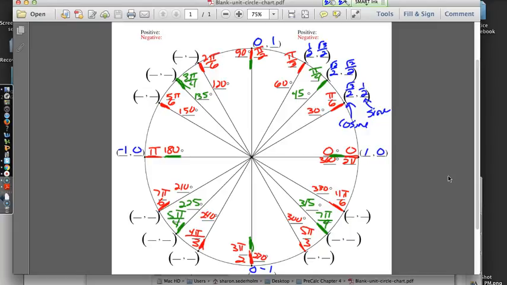Look at this one. We're going over this amount and up this amount. We're going back this amount and up this amount. The x's are going to stay the same, it's just one's going to be negative now. So this will be negative square root of 3 over 2, 1/2. Here's our pi over 6 and our 5 pi over 6. They're symmetric. You're reflecting over the y-axis.